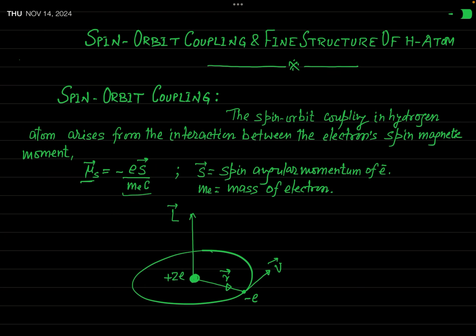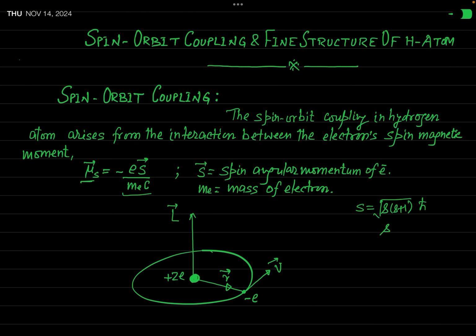Here minus e is the charge of the electron, and capital S is the spin angular momentum of the electron. The magnitude of this spin angular momentum is square root of s times s plus 1, times h bar.